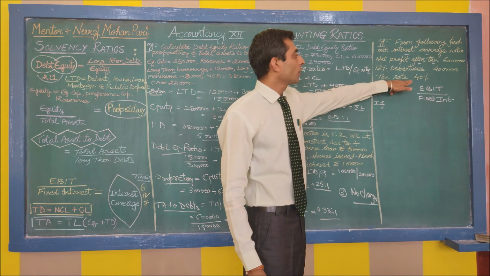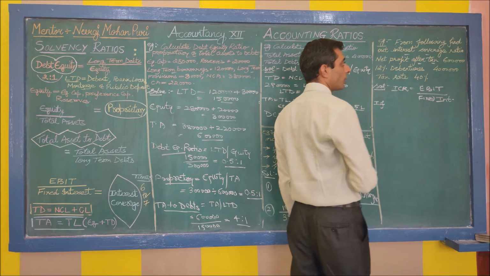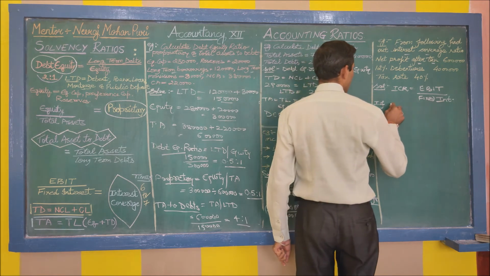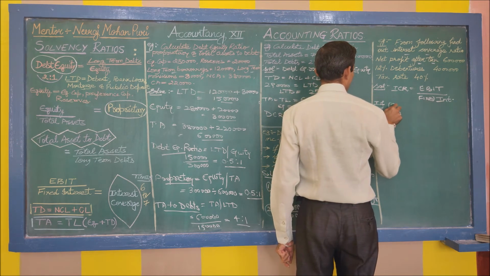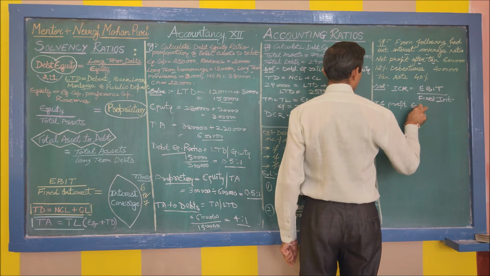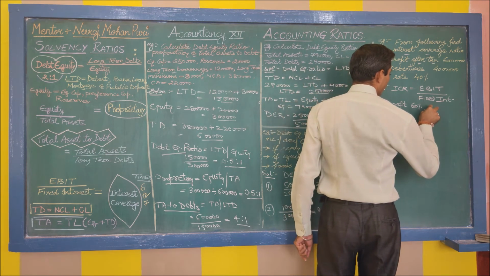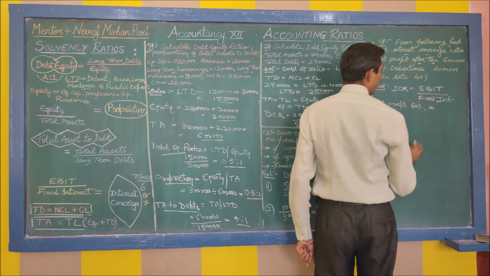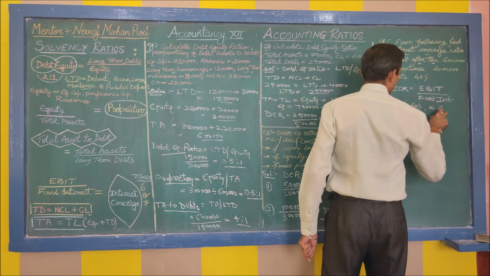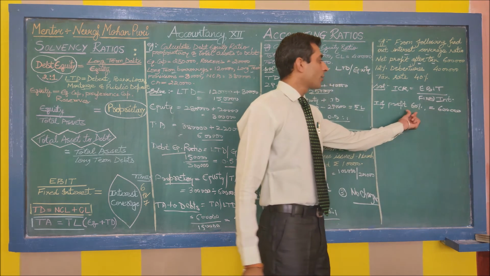Therefore, if this is given 40% as tax rate, then how much profit we are left with? We are left with 60%. If profit is 60%, then in terms of rupees, how much we are getting? 6 lakh. This is after paying tax.